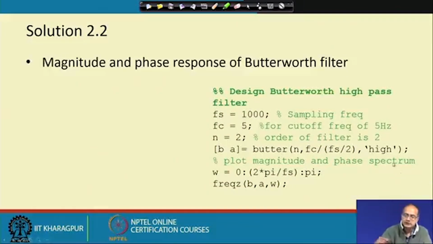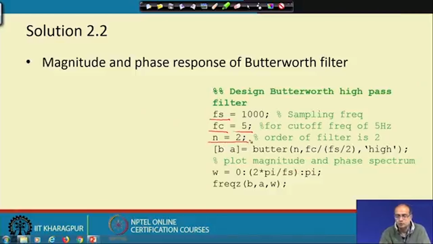So, for that, we take the case where we know the sampling frequency is fs equal to 1000, and we have taken the first design, having the cutoff frequency designated as fc equal to 5 hertz, okay, and the model order is selected as n equal to 2.